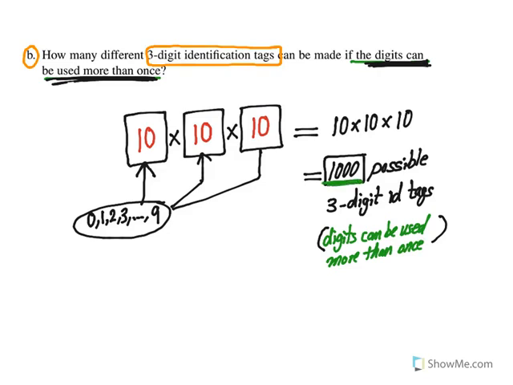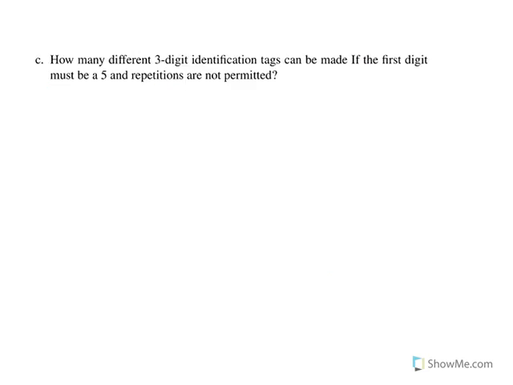Now, keep this one in mind and look at the next question. The next question is the same exact one. How many different 3-digit identification tags can be made if, look at now the condition, the first digit must be a 5 and repetitions are not permitted.